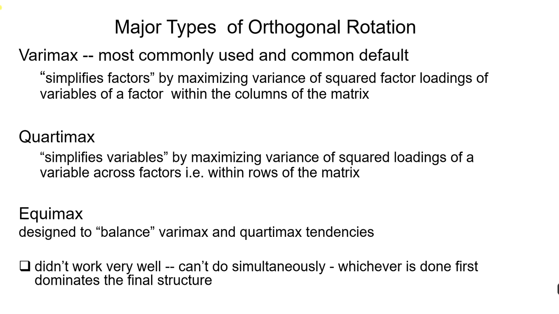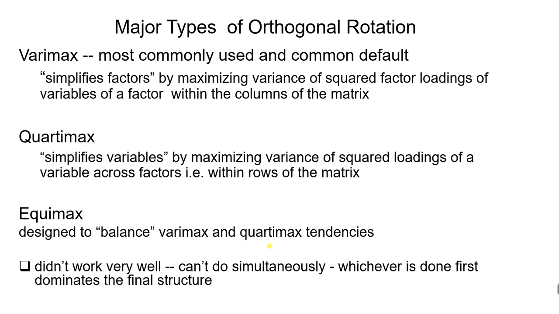But the ideal example that I have shown, that Thurstone suggested, says that we should obtain both. The column variance should be high and the row variance should also be high. So Equimax is the method designed to balance between the Varimax and Quartimax tendencies.